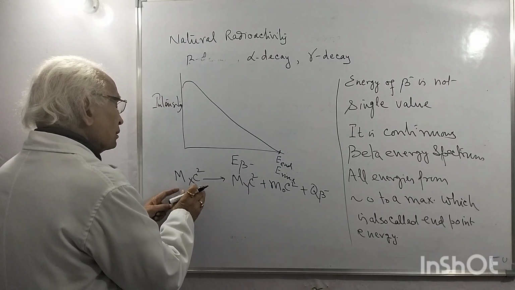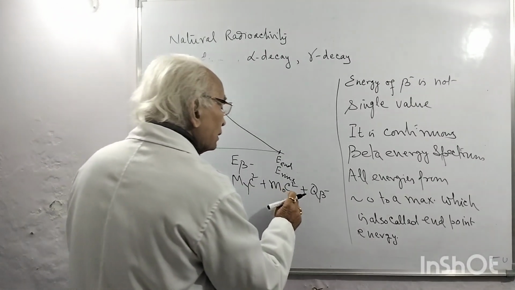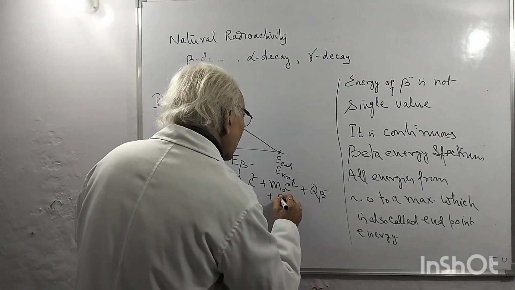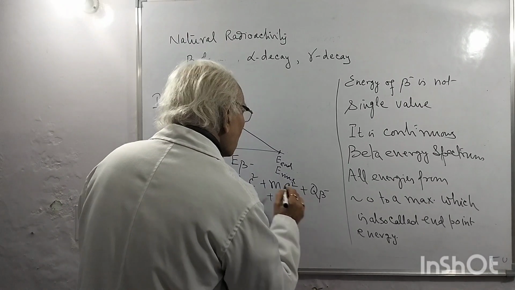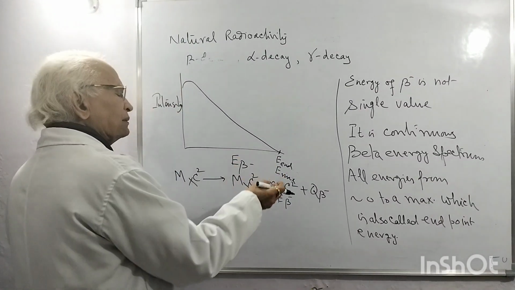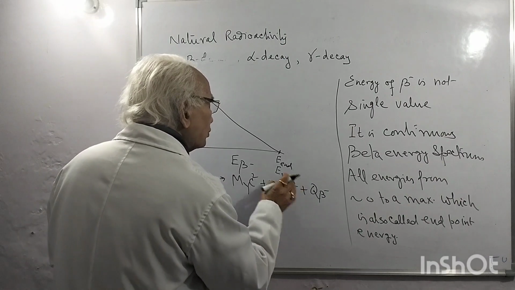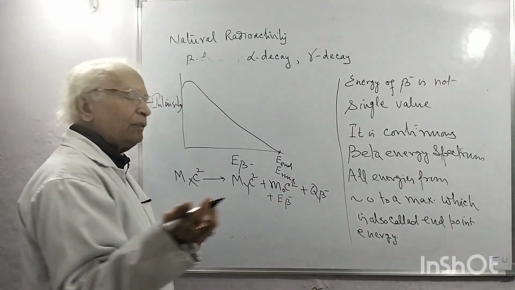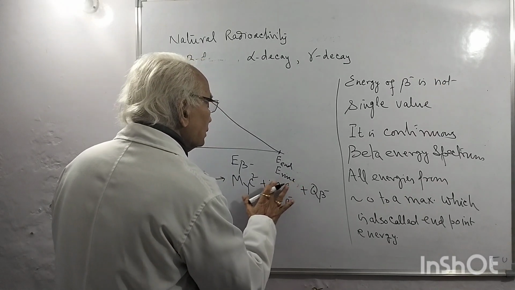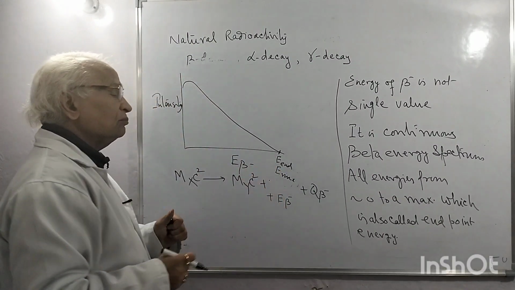This Q beta means the difference. It is the rest mass energy plus the energy E beta. The rest mass energy you can ignore, it is very small, a constant 0.511 MeV. But E beta is more important. So you can ignore the rest mass energy, but E beta is a different value each time.